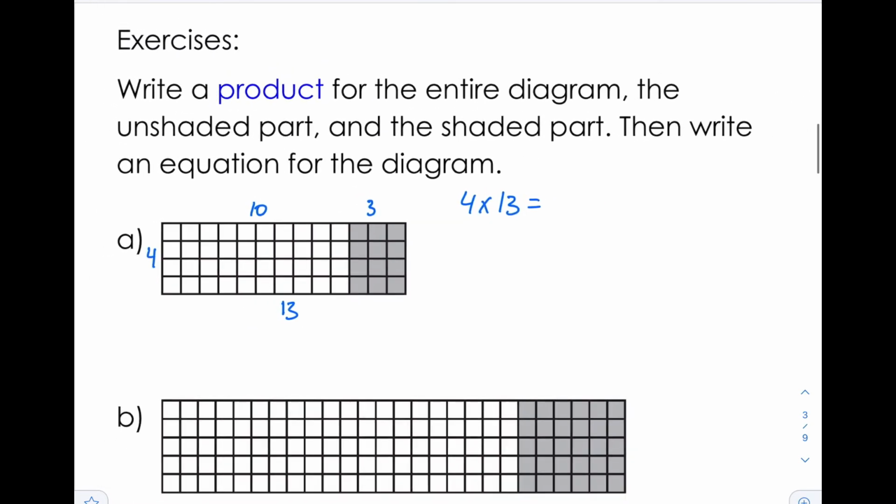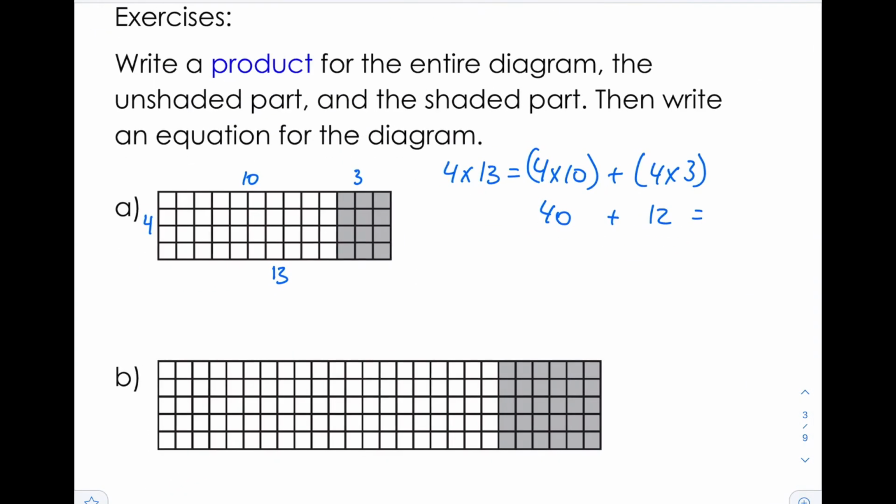So our 4 times 13 breaks down into 4 times 10, plus the shaded part represents 4 times 3. 4 times 10, you can probably do in your head, it's 40. 4 times 3 is 12. And if we add them all together, we get 52 as our final answer. So 4 times 13 is equal to 52.